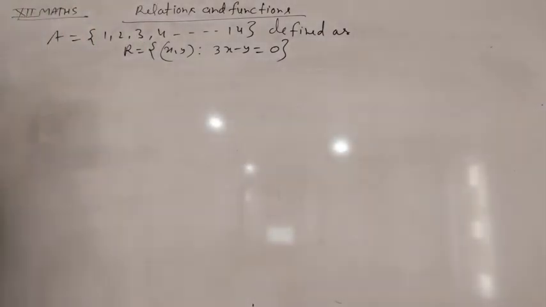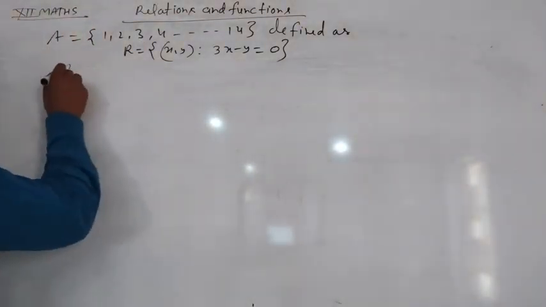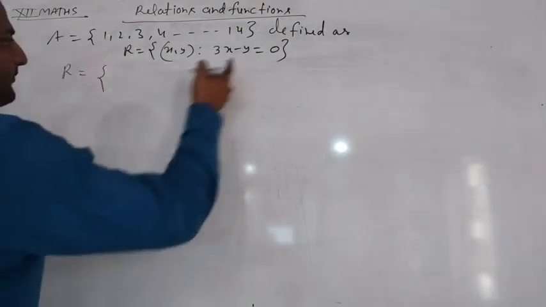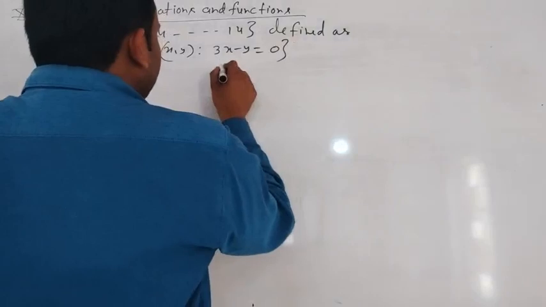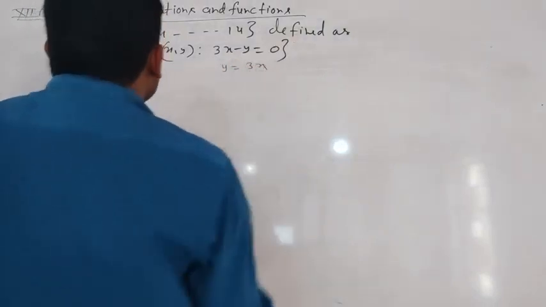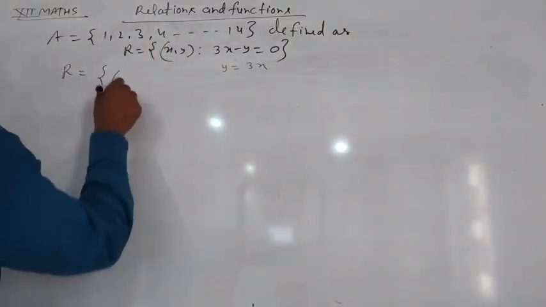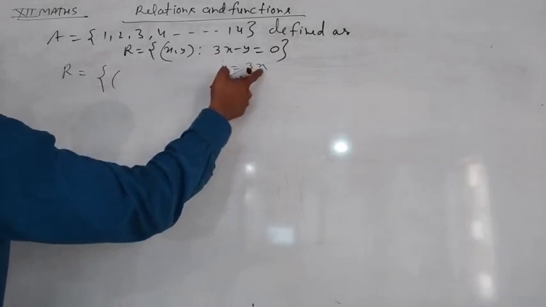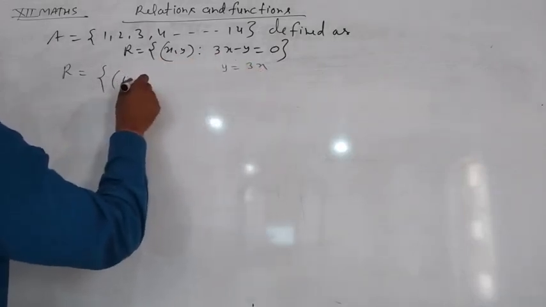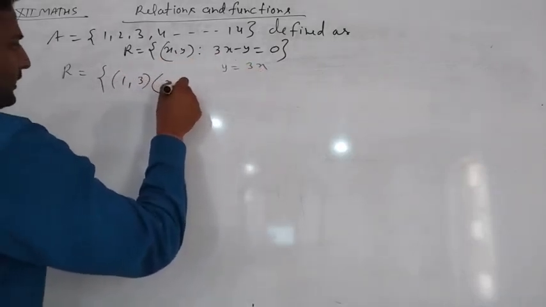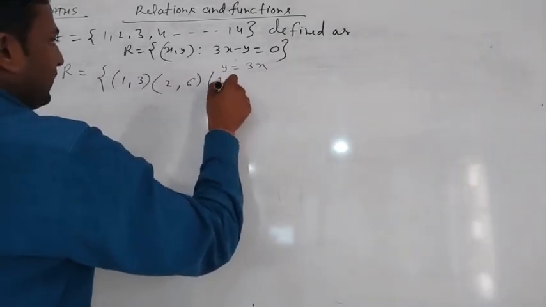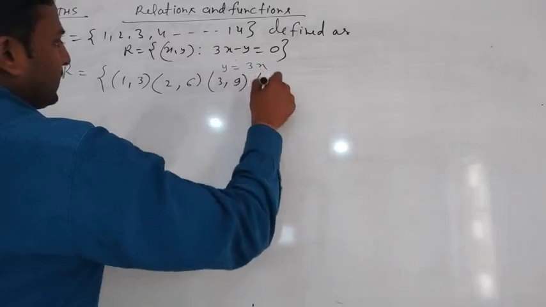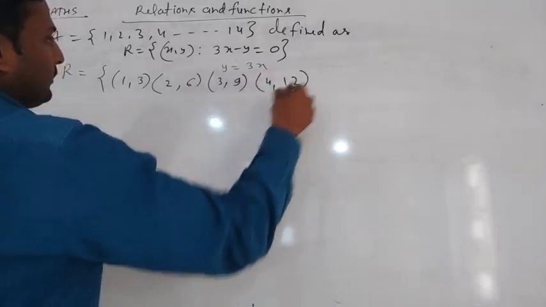First of all, we make the relation. We can write y is equal to 3x. When we put 1, we get 3. Taking 2, we get 6; 3, 9; and 4, 12.